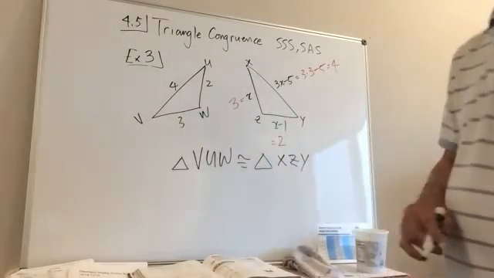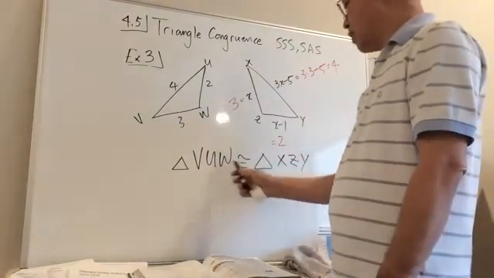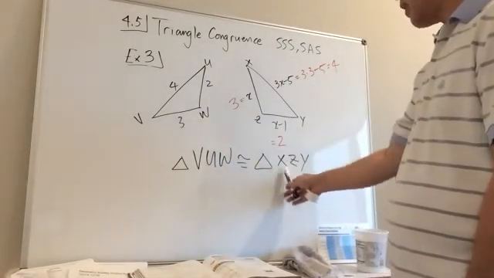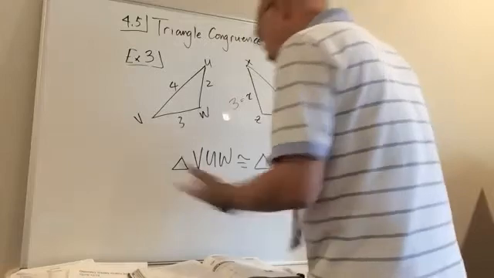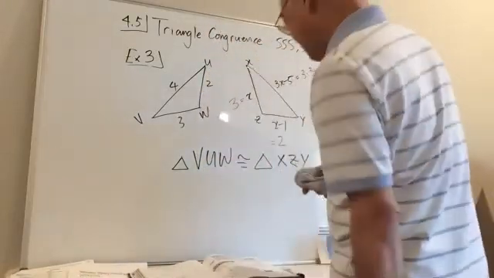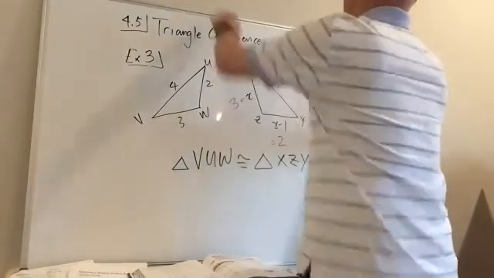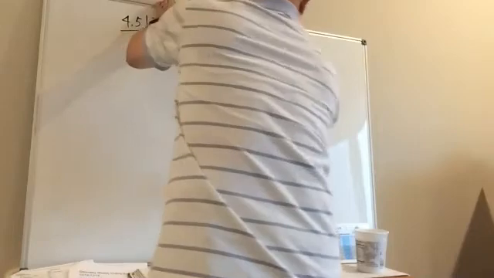So this would be my statement: triangle VUW is congruent to triangle XZY. Or the book says UVW, YXZ. Okay, same thing. So that's the first one. Let's move on to the second one.